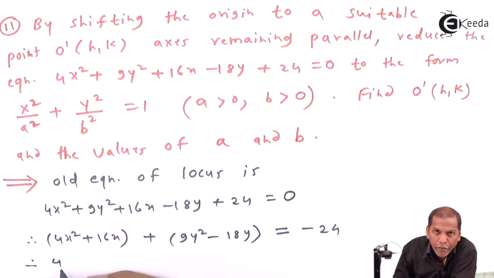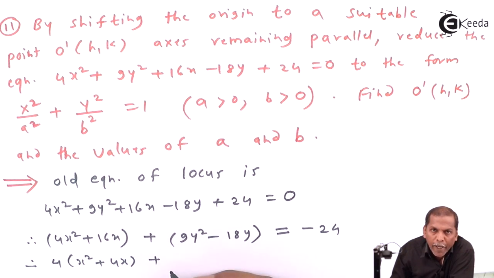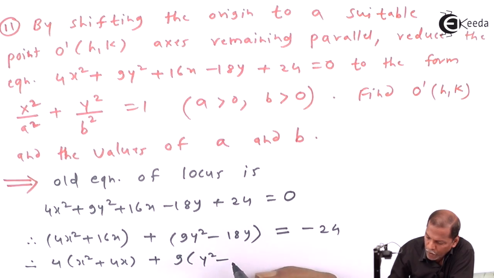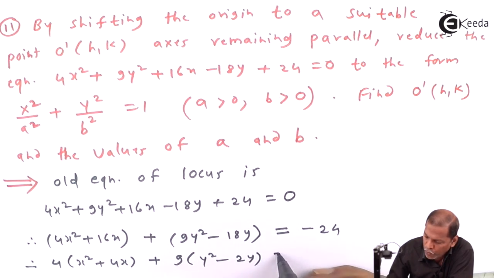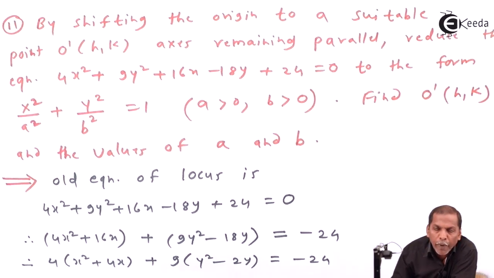From the first bracket we take 4 common, so 4 times (x square plus 4x), plus from the second bracket we take 9 common, so 9 times (y square minus 2y), and that is equal to minus 24. Now here, to get the first bracket and second bracket as complete squares, we need the last term.